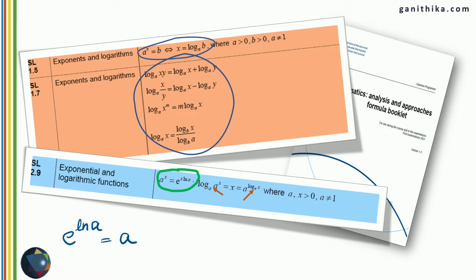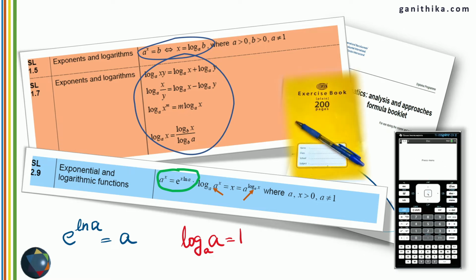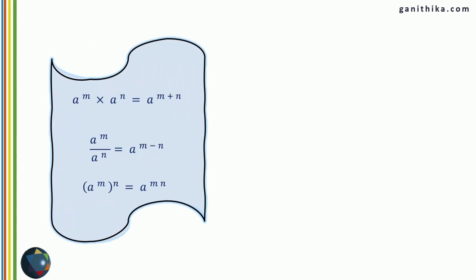Another thing you need to know is log of A base A is equal to 1 always. Whatever A is, log of A to itself is equal to 1. These are the two things you need to understand the SL 2.9 part of the topic. And of course, you should have a book and pen with you and a graphing calculator in order to solve paper 2 questions.